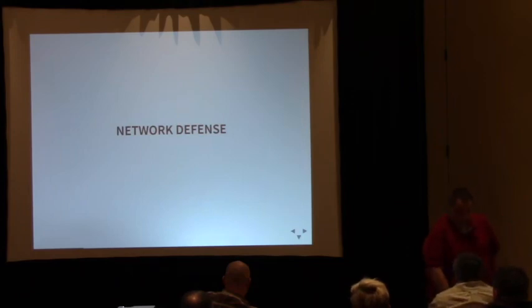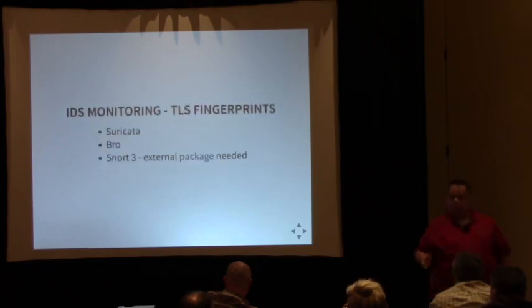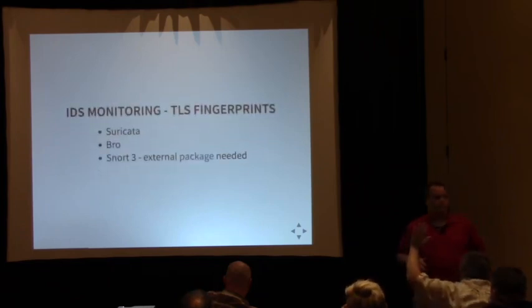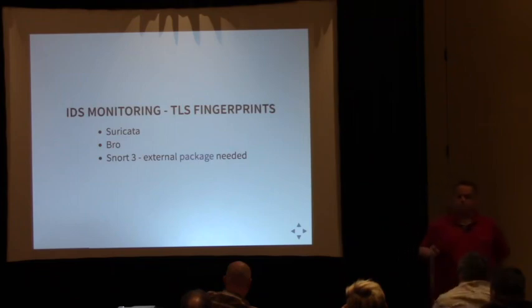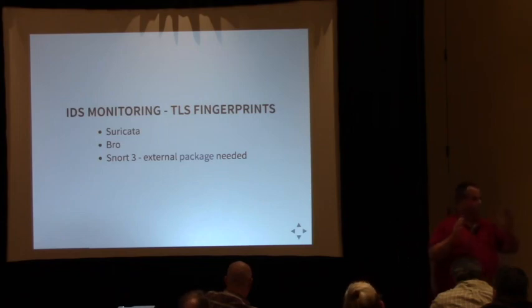So how can you use this for network defense? How many people here use Suricata or Bro for their networks? How many people here use Snort? Okay. So Suricata and Bro, very easy to pull TLS certificates into for alerting. Suricata is as simple as creating the rules as TLS fingerprint and then the SHA-1 hash of that certificate.